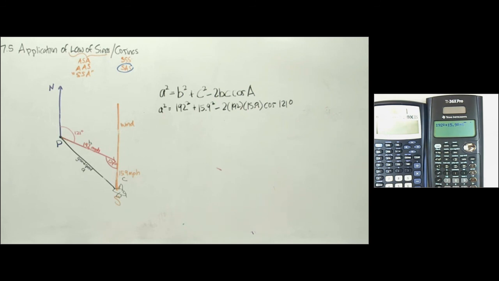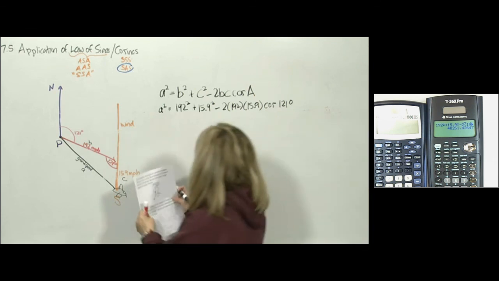Minus 2 parentheses 192 parentheses 15 and 9/10. Cosine 121, close it. I don't need the degree symbol. I'm already in degree mode. Hit equals. Oh, what a lovely decimal. We love these decimals, don't we?